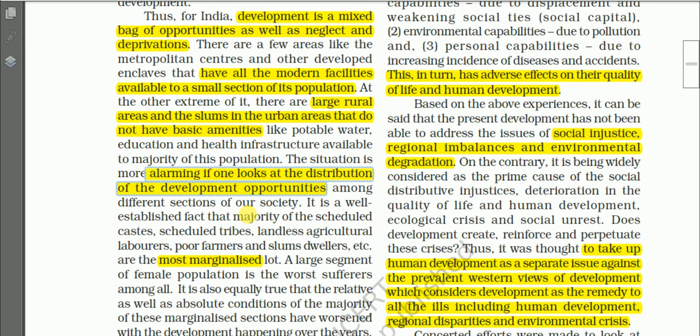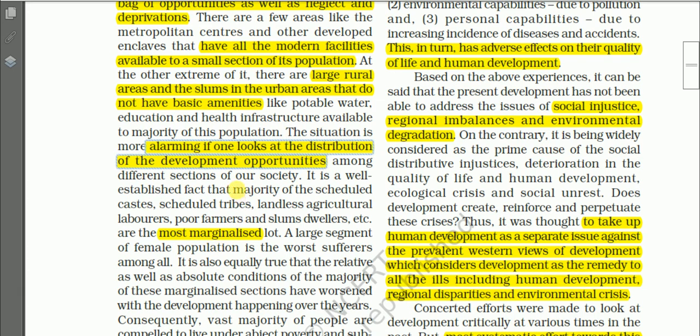When we look at the distribution of development opportunities among the different sections in the country, it is more alarming. It is a well established fact that the majority of the scheduled castes, scheduled tribes, landless agricultural laborers, poor farmers, and slum dwellers are the most marginalized, not getting the opportunities.